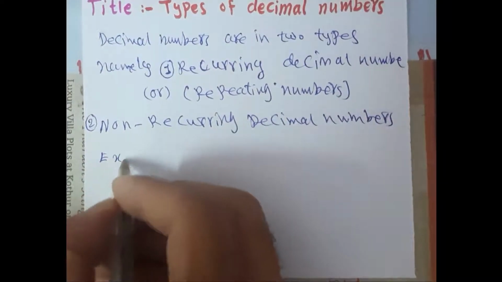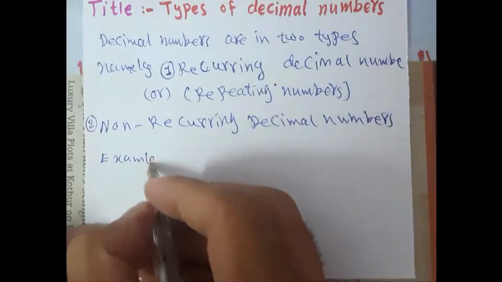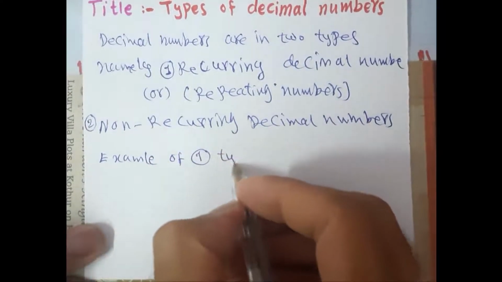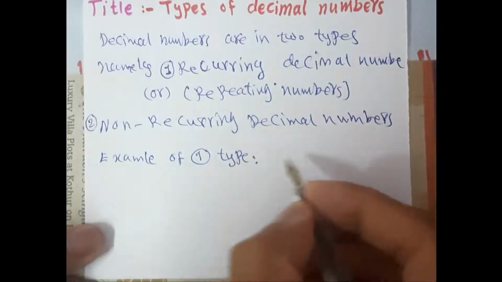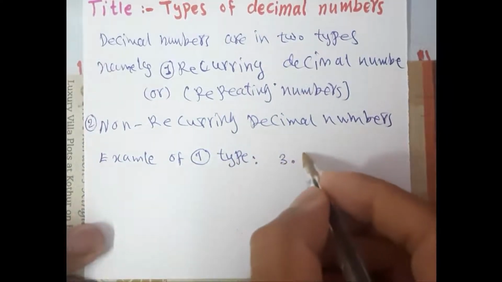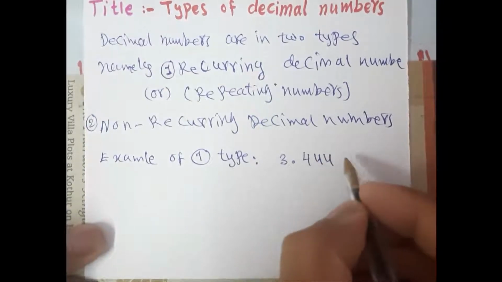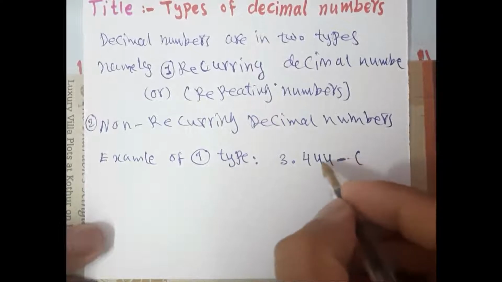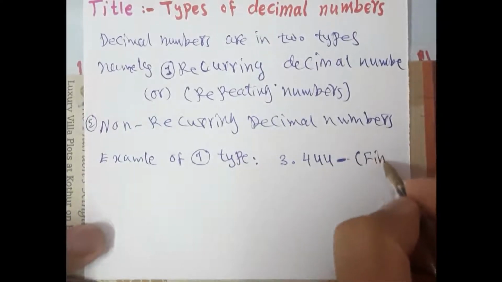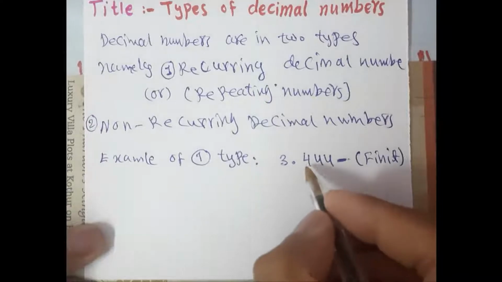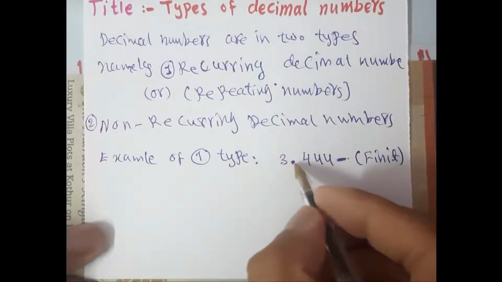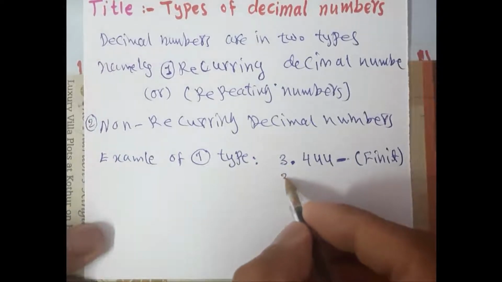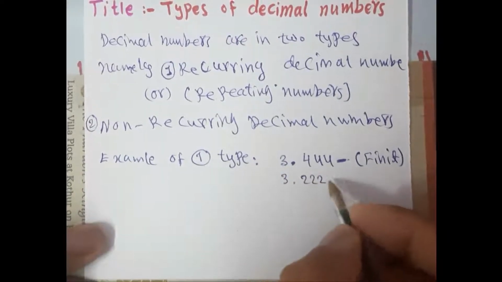Example of the first type: 3.4, 4, 4, and so on. Not 3.4, it is finite. We have 3.444, 3.222, and so on.